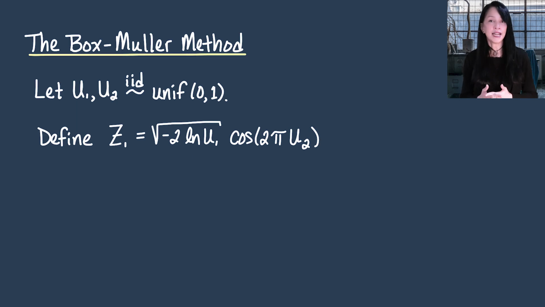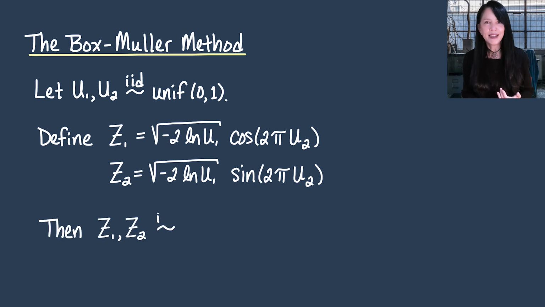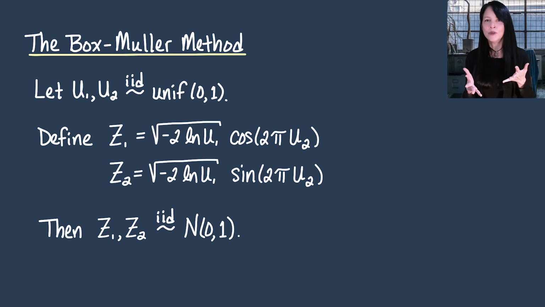I'm going to define Z2 to be the square root of -2 times the natural log of U1, times the sine of 2 pi U2. I claim that Z1 and Z2 are independent and both have the standard normal distribution. Maybe you only wanted one, but we need two uniforms to get one, so why not get the second independent normal 0, 1 realization for free?